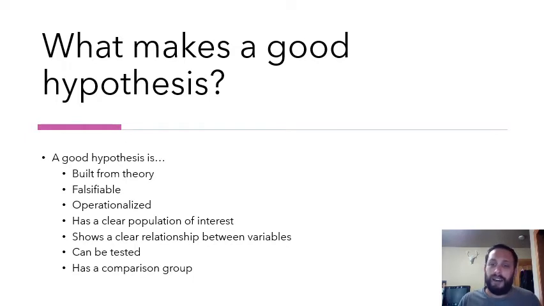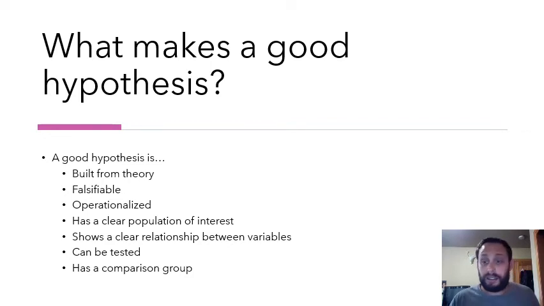Because if you can't compare it to anything, then it's basically a subjective experience. We need some sort of comparison group to say, look, it did better, it did worse, or it did the same as this comparison group. So really there was no effect because of this, is what we're focusing on.